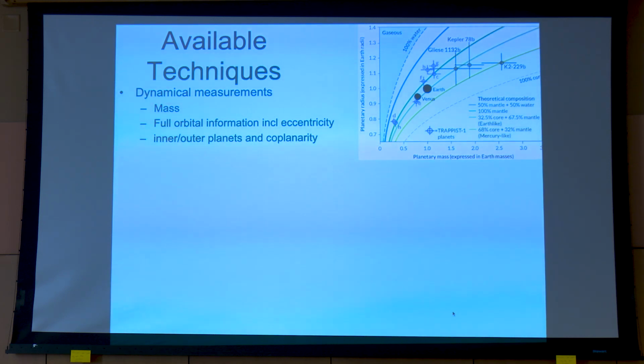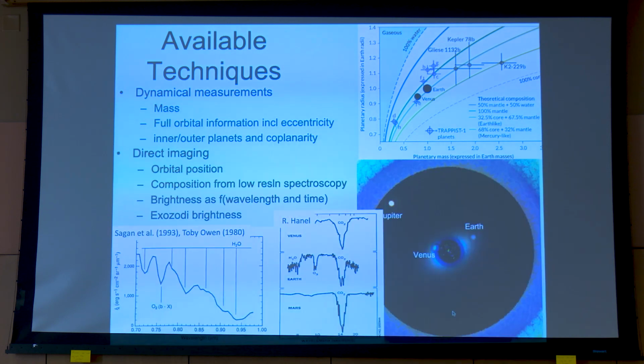You can see up here, for relatively small systems, a few to 3 Earth masses versus radius, what is the composition in terms of mantle, iron, Earth-like, and so on. You'd really like to have that information. You'd like the full orbital information, including eccentricity. You'd like to know about inner and outer planets and whether those planets are actually coplanar or not.